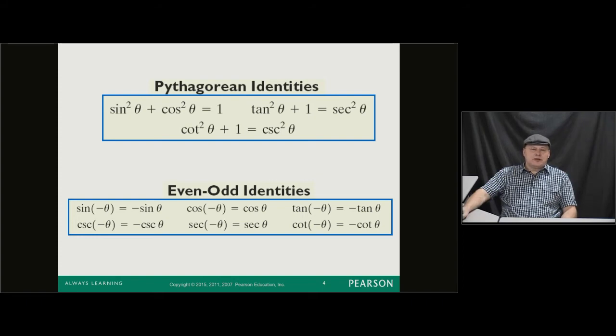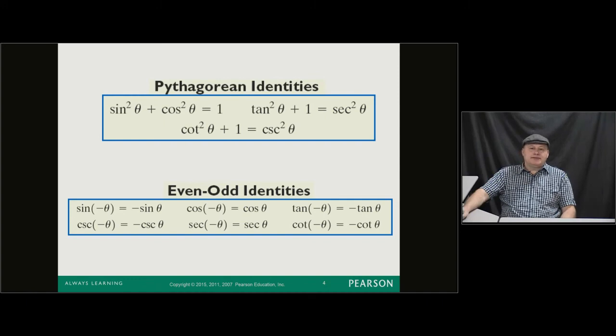If you struggle with these, you're going to struggle with the proof of identities, because you have to show the left side equals the right side or the right side equals the left side by using these identities and algebra. If you're weak in either one of those, this will be very problematic. So you've got to know how to replace something with another trig function by use of other already known identities.